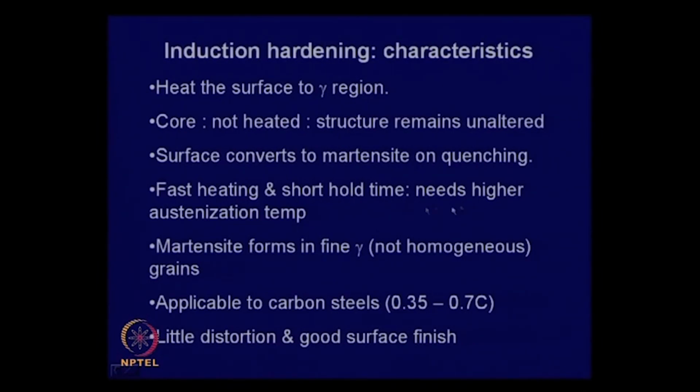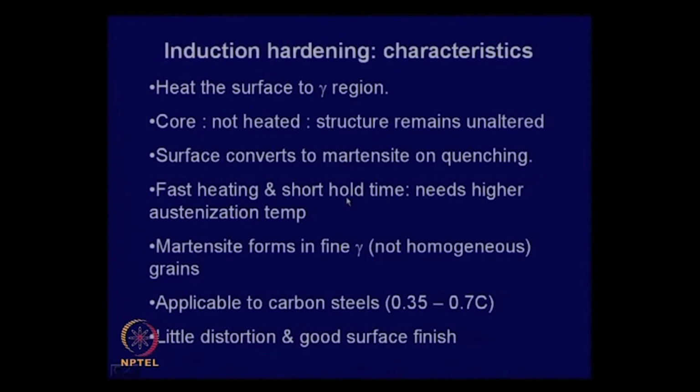So, you may need a little higher austenitizing temperature than in a normal hardening process, and the martensite that forms will form from a very fine austenitic grain. Also, we have seen that homogenization of austenite is a diffusion controlled process.